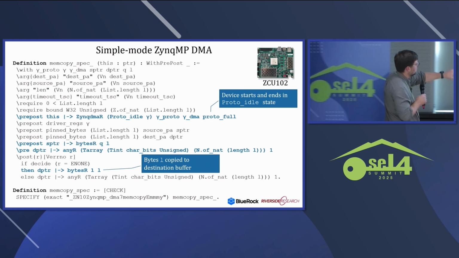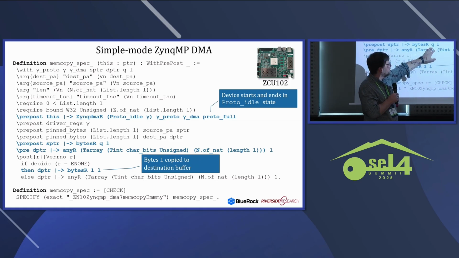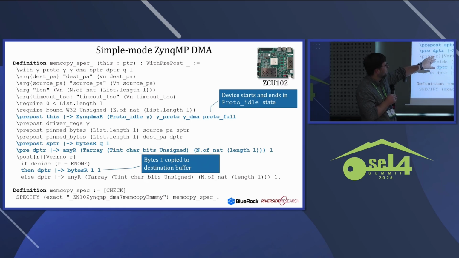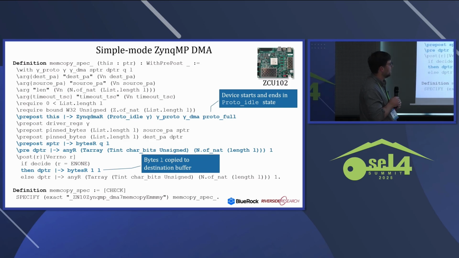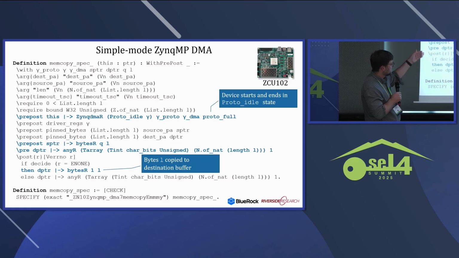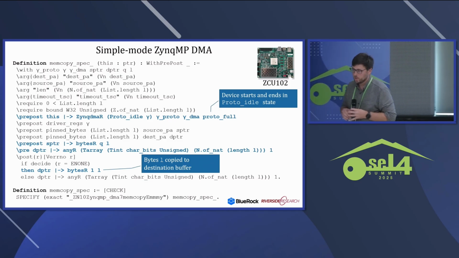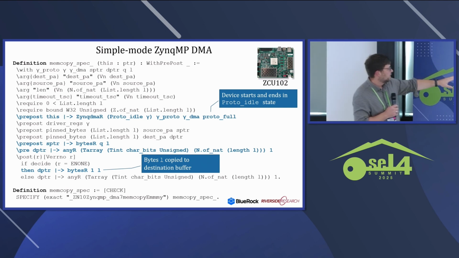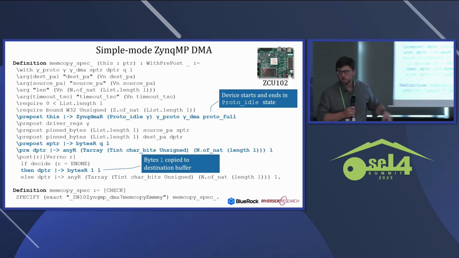There's some source pointer containing some bytes L with a permission Q, and then a destination pointer, D pointer, containing potentially uninitialized characters. If the function returns E none, then D pointer will contain the same bytes L that we started with in the source pointer. And this little 1 to the left of the L, which looks a lot like an L, is the permission, meaning write permission to the destination array.